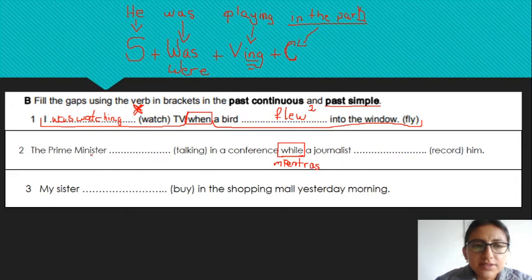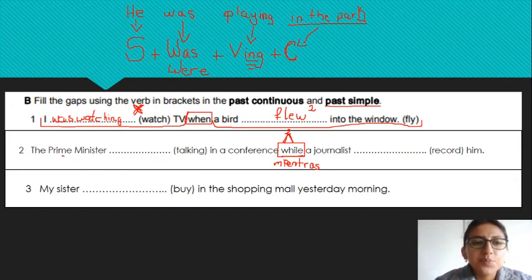The Prime Minister was talking in a conference while a journalist was recording him. Okay? When you have the relative clause while, it means that both actions were happening at the same time. Cuando usted tiene el relative clause while, quiere decir que las dos acciones estaban sucediendo al mismo tiempo.